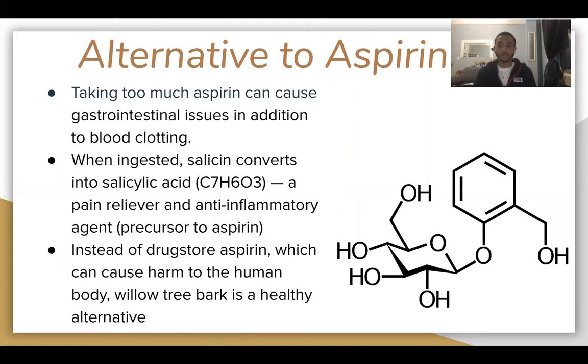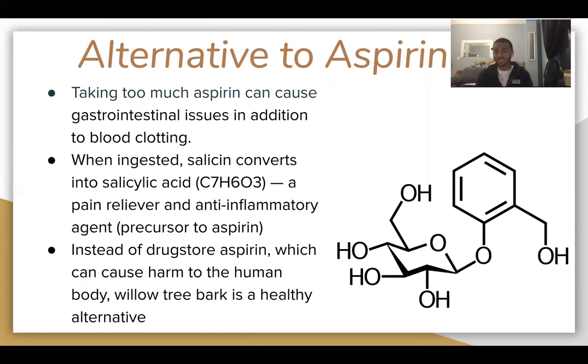Willow bark can be a great alternative to aspirin, because when taking aspirin, if you take too much, you can get some issues with your stomach, and you can also get blood clotting. Gastrointestinal issues are very common while using aspirin, and it can become a problem when taking too much.